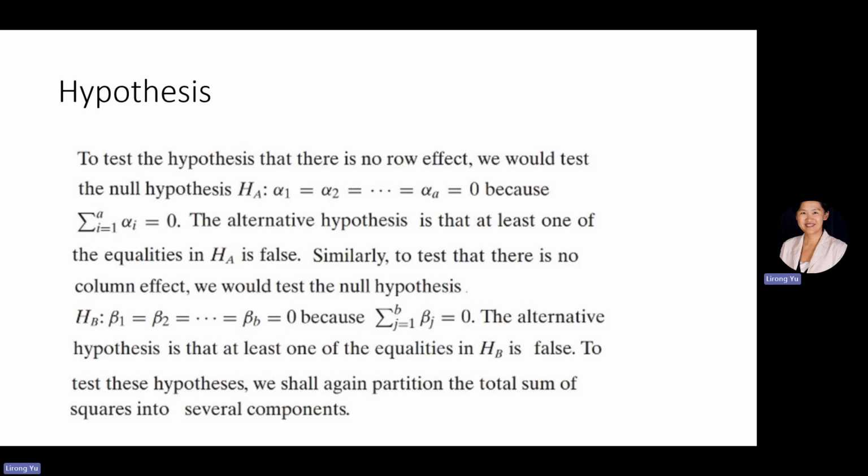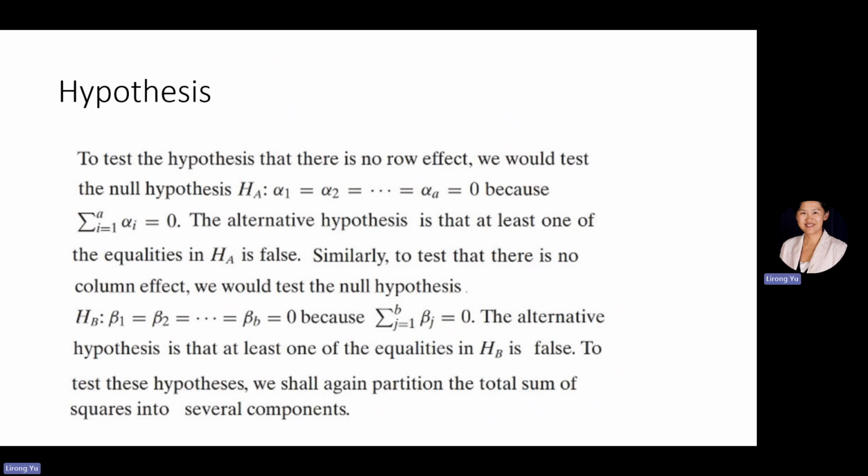That's called alpha 1 equal to alpha 2 equal to alpha a, assuming that a is the number of values for factor A. Now HB is for the second qualitative variable, we're calling it B. So beta 1, beta 2, and beta b are the means caused by different values of the B factor. Assuming they all have the same mean, therefore they have the same value of 0.